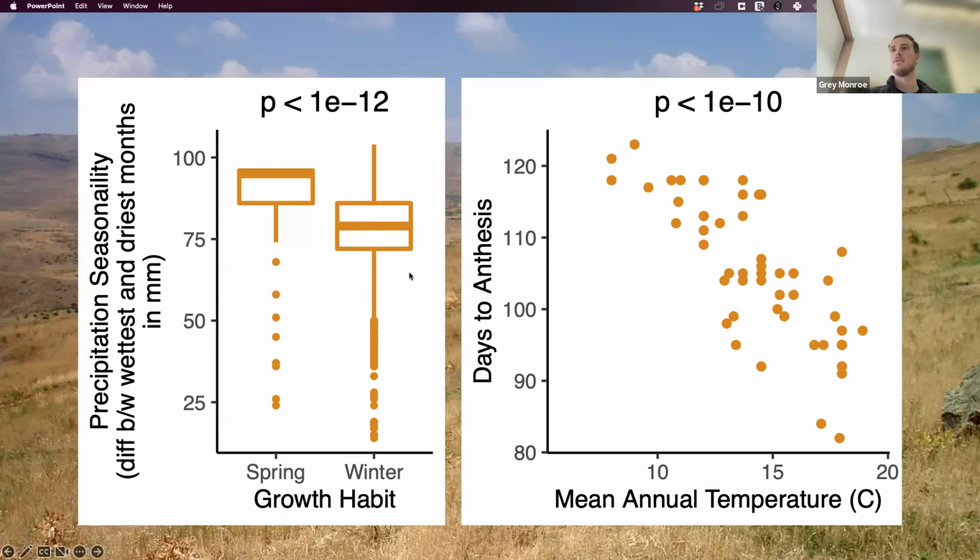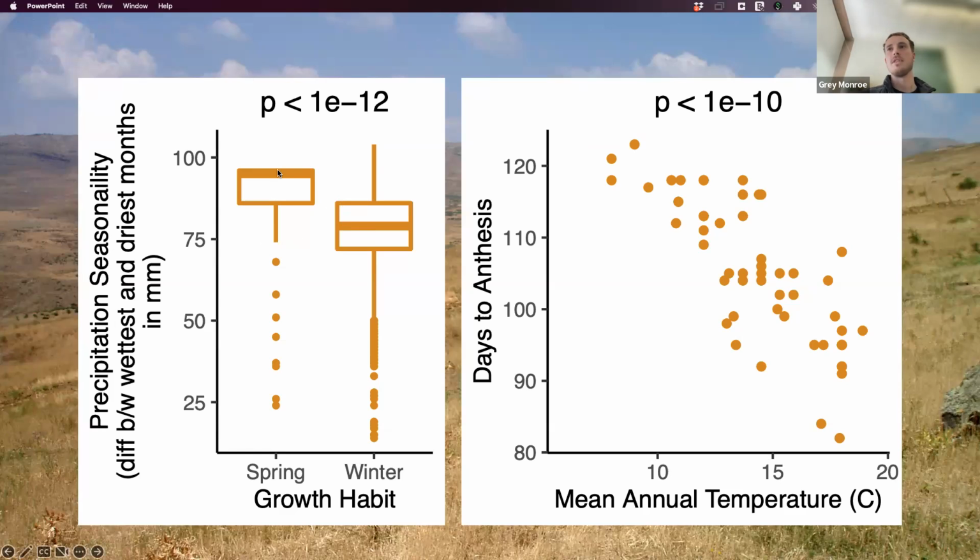And it turns out that that variation exists also in natural, remember, these are wild populations of wild species. And what we find is that there's significant differences between whether something is a spring wheat variety or a winter wheat variety, depending on the type of seasonality of precipitation. So what this means is that places that adopt a spring type growth habit tend to come from places that have a much more variable environment in terms of precipitation.